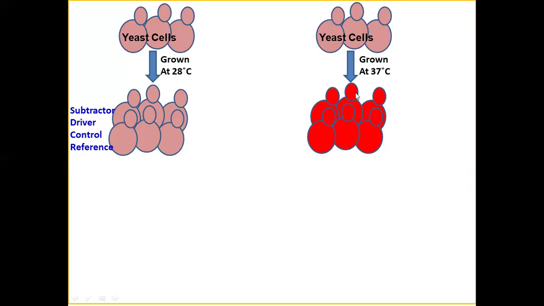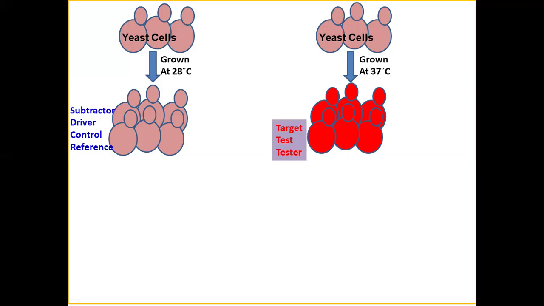Yeast cells grown at 37: we want to know how yeast cells grow at 37, and we want to know what are the genes which are expressed to adapt to the 37 or to tolerate the 37. So this is called a test condition, tester or test.